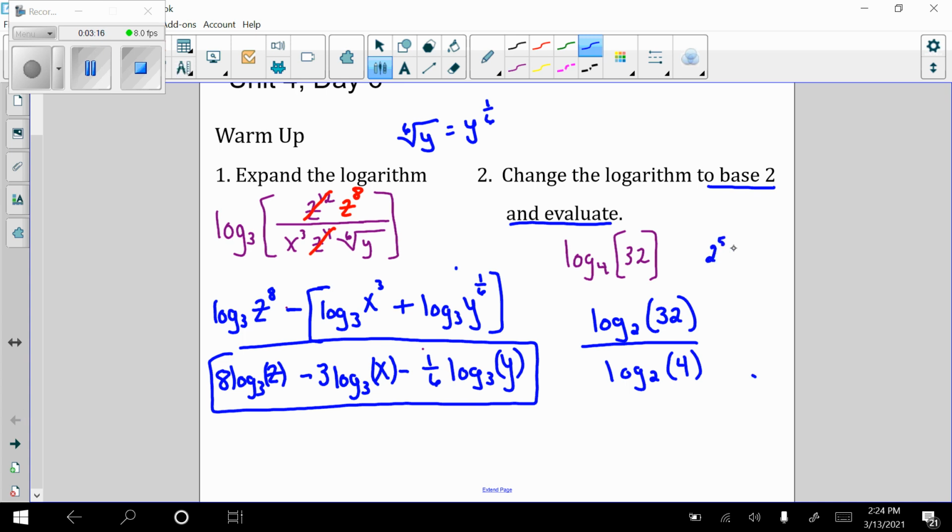So 2 to the 5th is equal to 32. And on the bottom, I've got 2 squared, which is equal to 4. So log base 2 of 32 is equal to 5. And log base 2 of 4 is equal to 2. And I've evaluated that logarithm using my knowledge of logs and not my calculator.